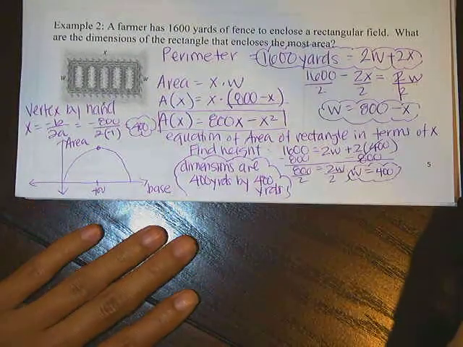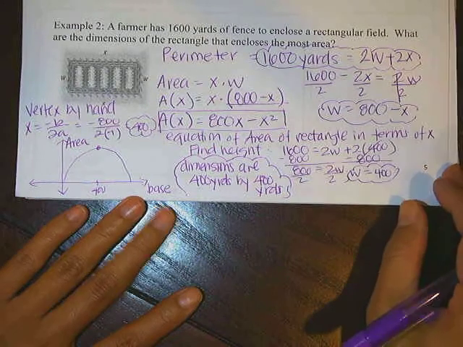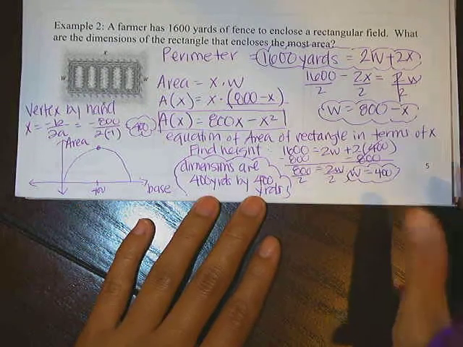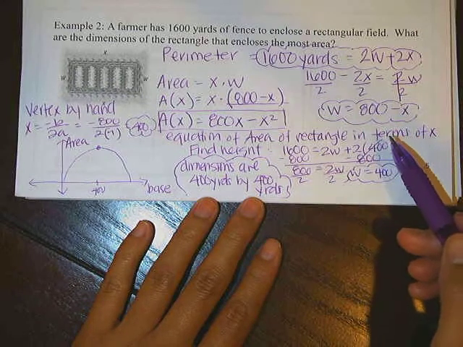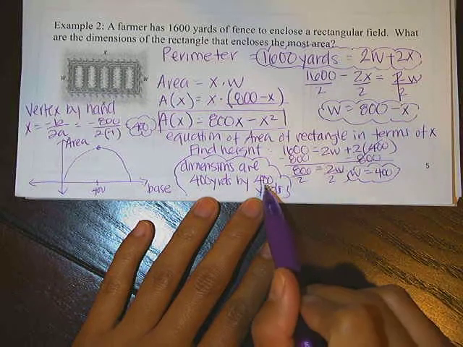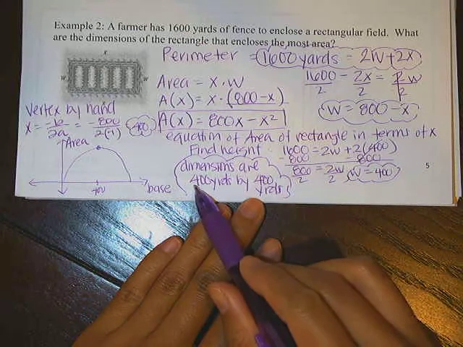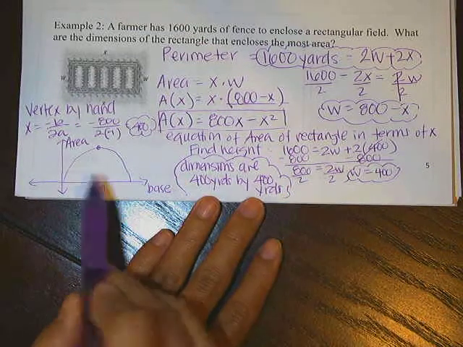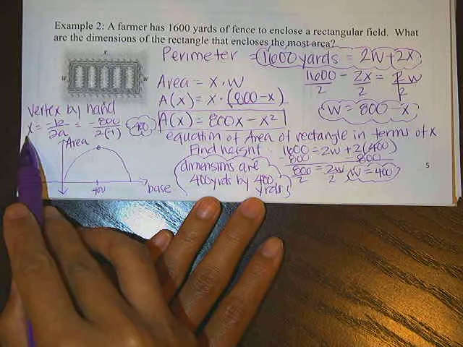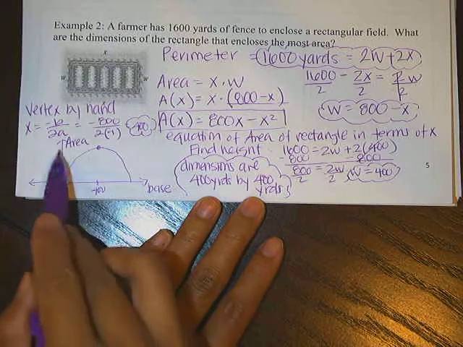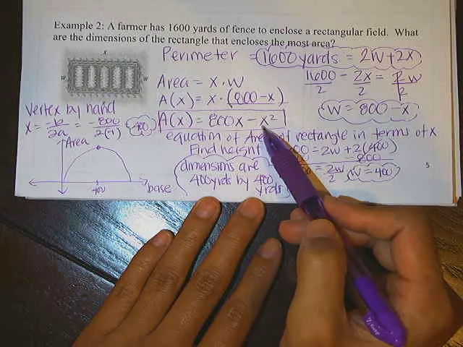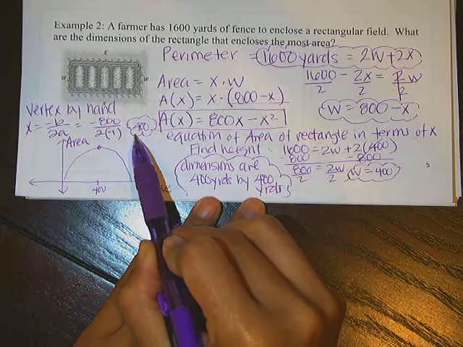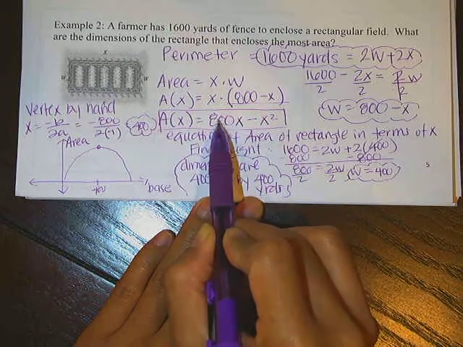Now, on the homework or on the test, I can also ask you, hey, what's the largest area I can make? The largest area is obviously the base times the height. Or once we have an x value from the vertex, to find the y value, which is the area, I can just put it back in here. So let's try it out. 400 times 800.